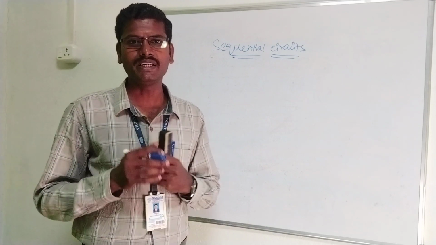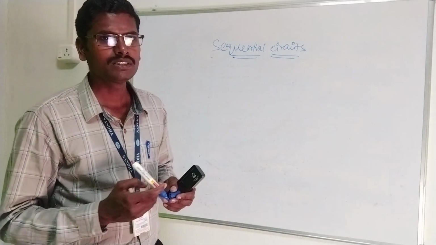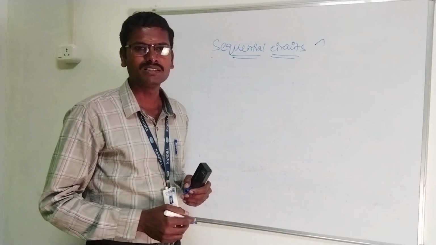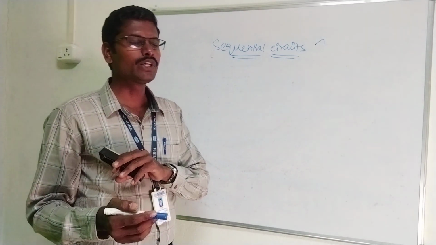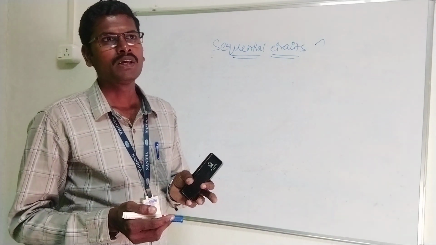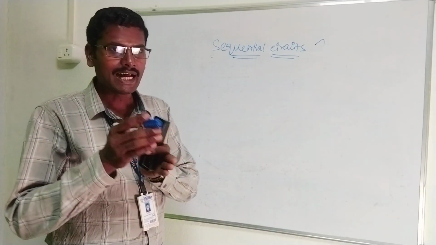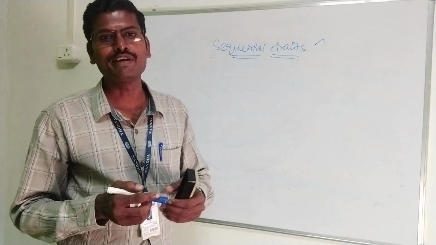For this, we use a device in digital circuits called a sequential circuit. A sequential circuit can be described as a circuit with logic gates as well as a memory component.